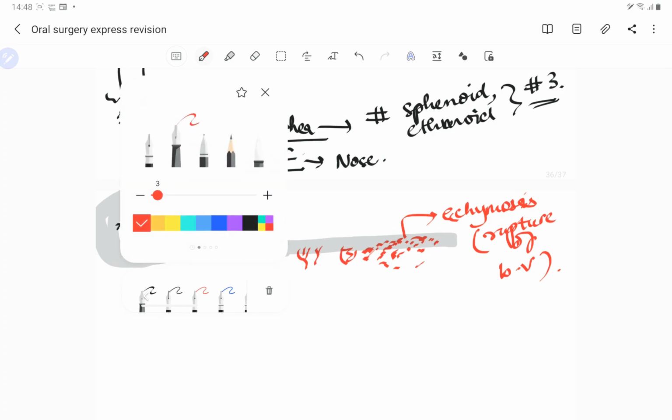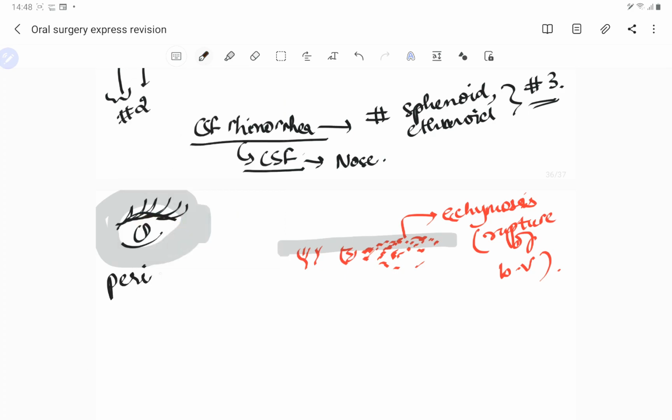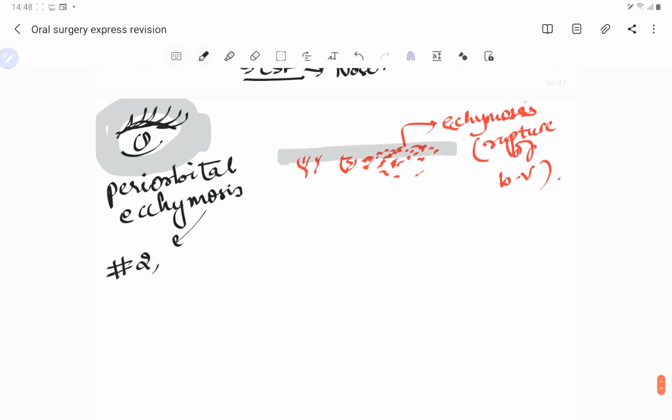So if periorbital ecchymosis is present bilaterally, it can be a fracture of Lefort-2, Lefort-3, because around the complete orbit there is going to be a fracture of the lacrimal bone, medial side fracture, and the lateral wall of the orbit is also fractured. And if there is bilateral periorbital ecchymosis, then we see it in case of fracture of the anterior cranial base.